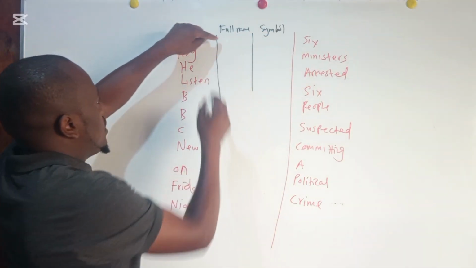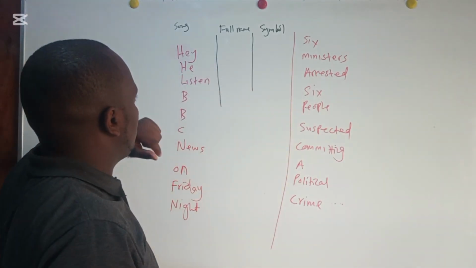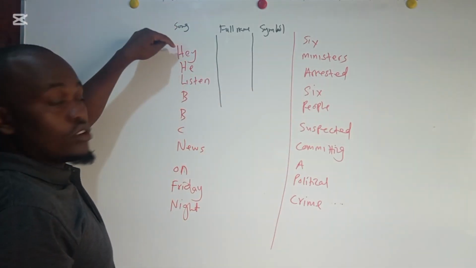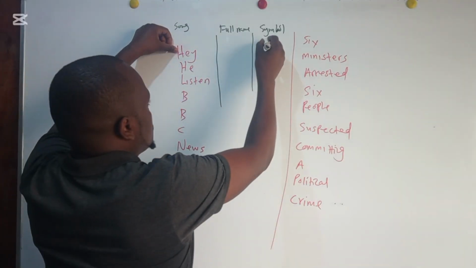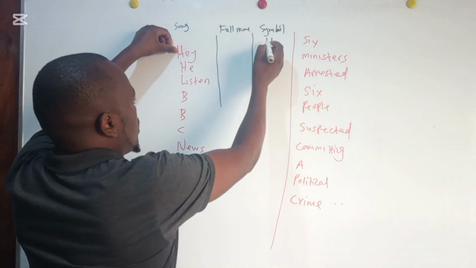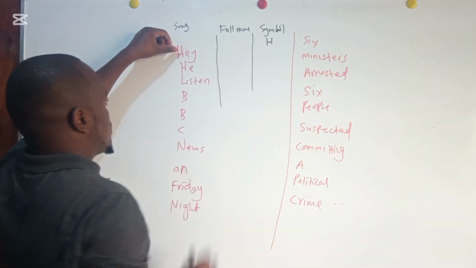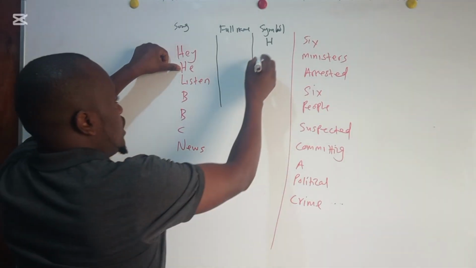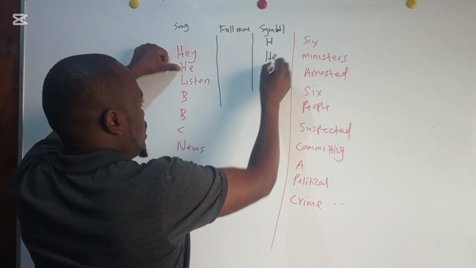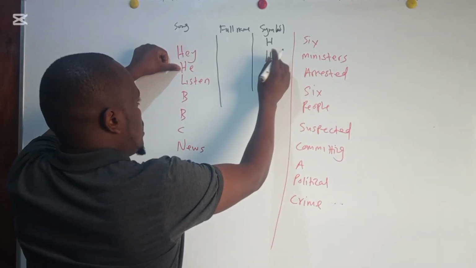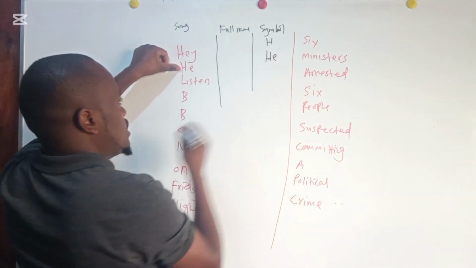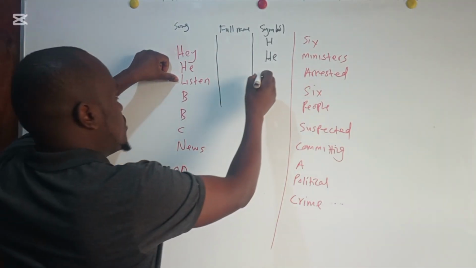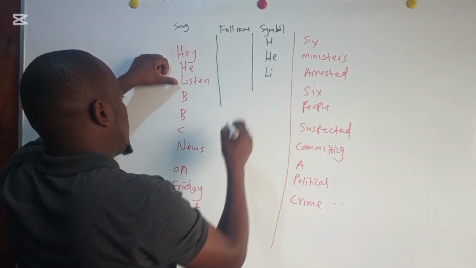So I'm going to skip the full name and write the symbol for you, because I'm going to mention it anyway. This is hydrogen, and the symbol is H, because I want you to get the symbol very correctly. This is helium, and the symbol is He. Remember, they should not touch each other. Capital H, then e. Lithium is Li.